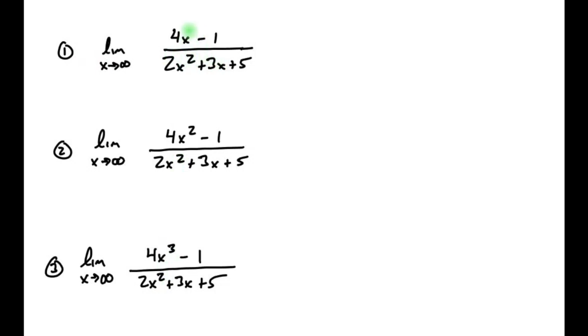You'll notice the denominator has a degree of 2, and the numerator technically has a degree of 1 up here. If we compare these, I would classify this situation as something I call a bottom-heavy function. Anytime the degree is larger on the bottom than it is on the top, it qualifies as a bottom-heavy function, and every single time that this happens, as x approaches infinity, the denominator will be growing significantly faster than the numerator.